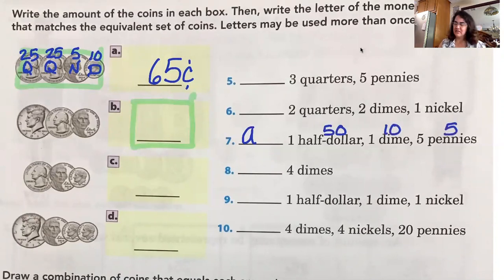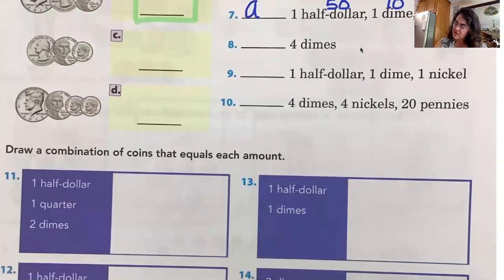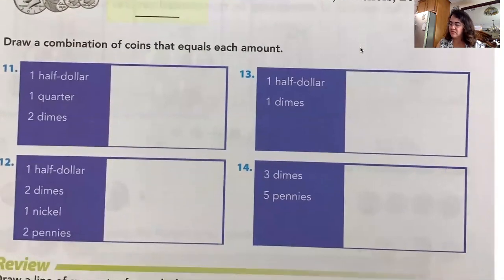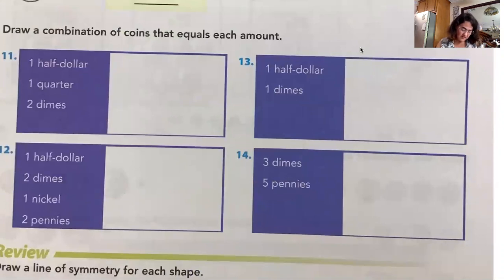Alrighty, second graders, let's move on. Draw a combination of coins that equals each amount. So drawing our combination of coins, I need a half dollar, 1 quarter, and 2 dimes. Well, that's going to equal 50 cents, 25 cents, and 2 dimes would give me 20 cents, right?